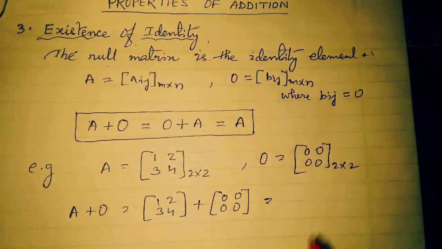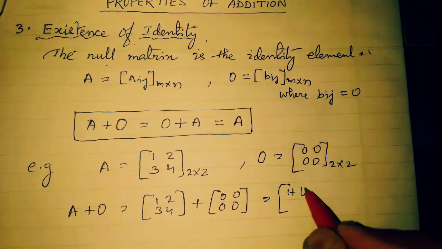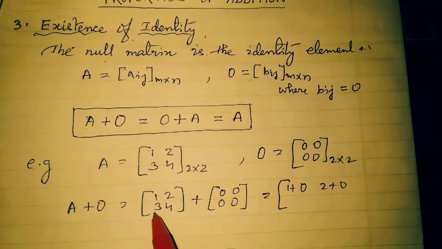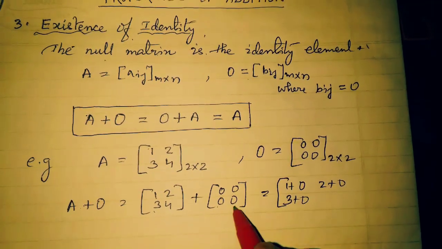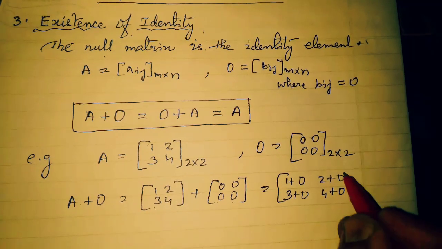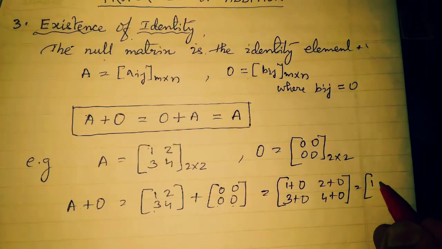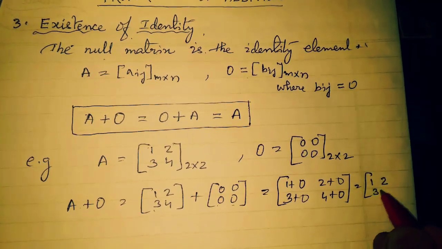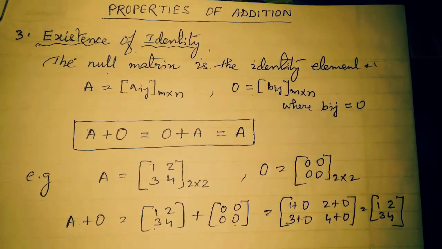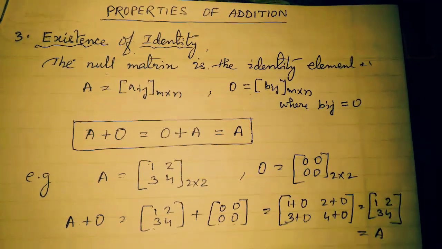There will be no change, because 1 plus 0, 2 plus 0, 3 plus 0 and 4 plus 0. The answer is 1, 2, 3 and 4, which is equal to A.